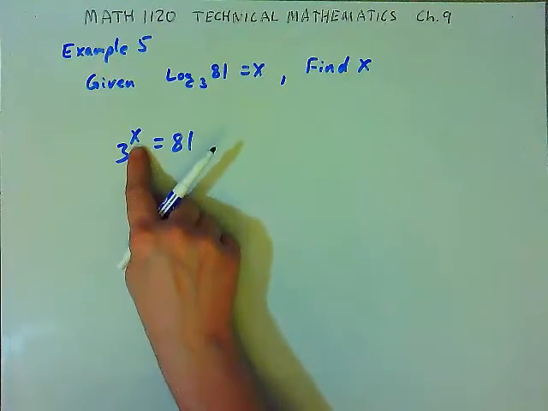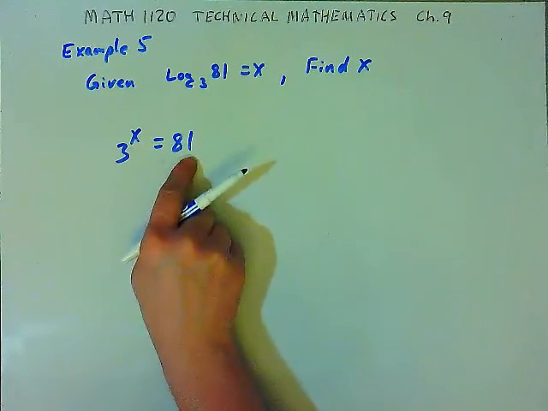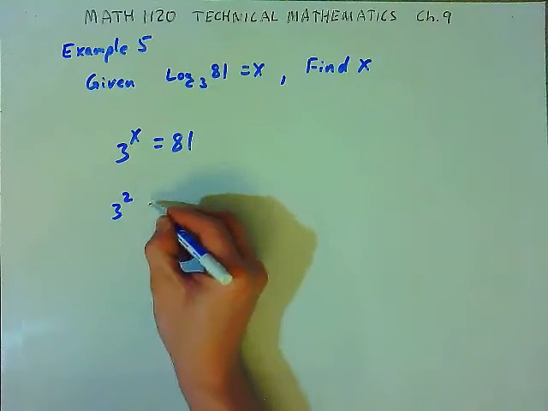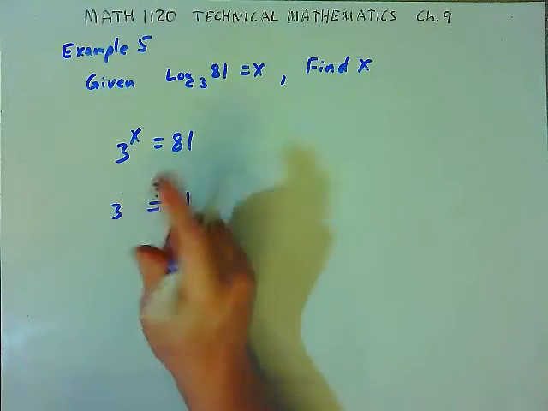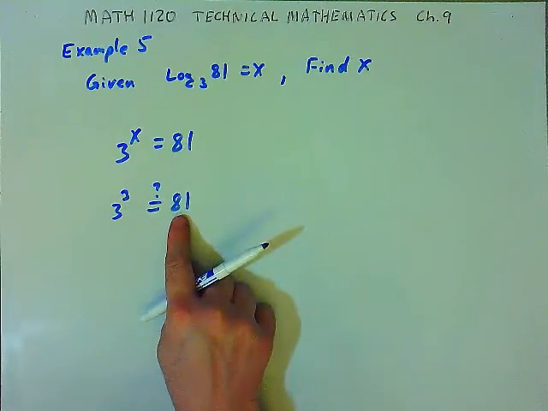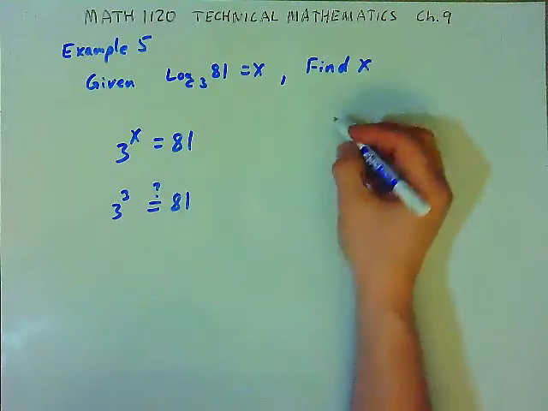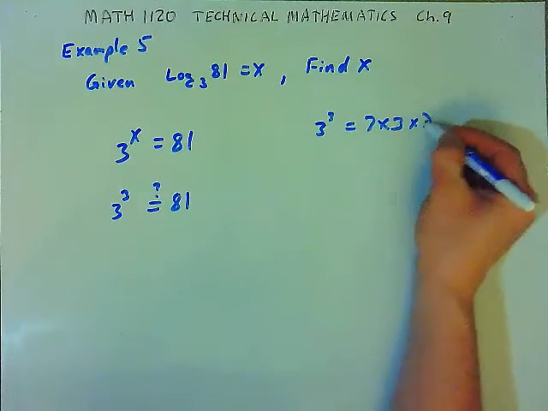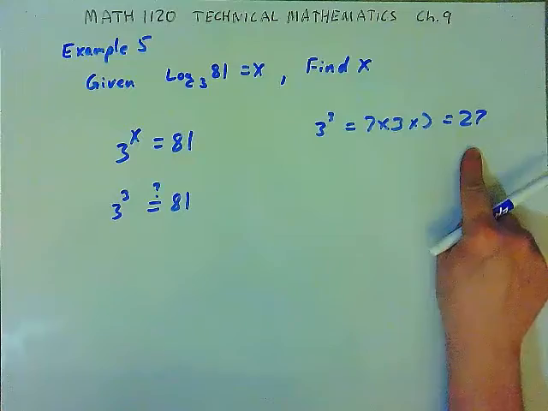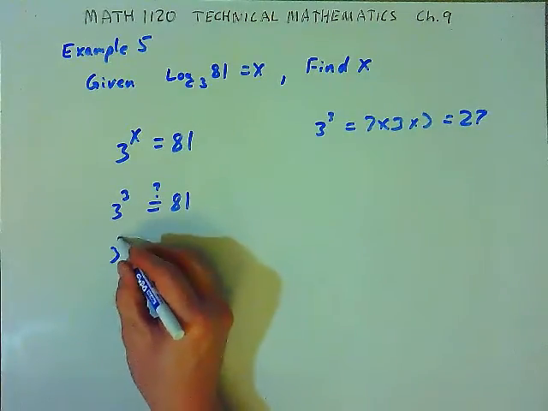I'm pretty sure it's not 2, because 3 squared would be 9. Maybe it's 3. Is 3 to the third power equal to 81? Well, 3 to the third power means 3 times 3 times 3. Well, that's 27. So it's not 3, maybe it's 4.